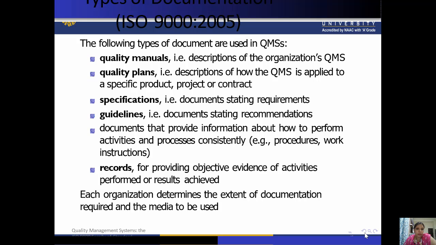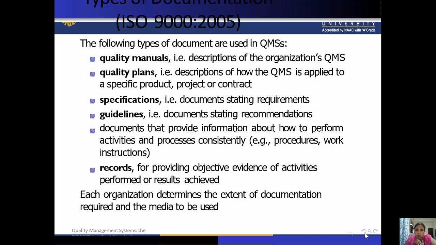Okay, so it depends on the company, how many records they include in the QMS. But some of the major records are given here. The quality manual should be there, which gives the full description related to the organization's QMS: what kind of QMS it is, where it is being followed, what the quality policies are, all are there in the quality manual. Next, quality plans should also be there.